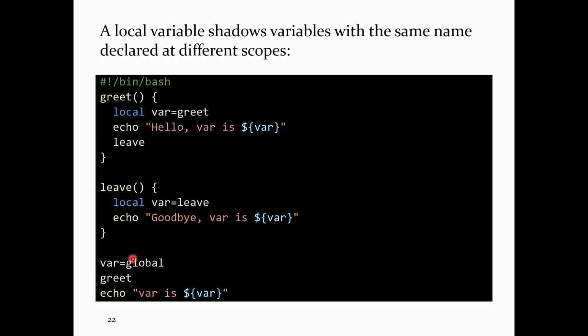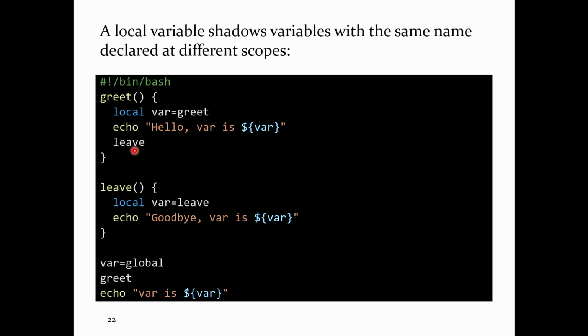So what happens is that the variable here does not get changed. Instead, a new variable gets created up here with the same name, but it's local. Its scope is local to the function, and to any other function that this function calls. So when you say hello var is blah, you get greet.